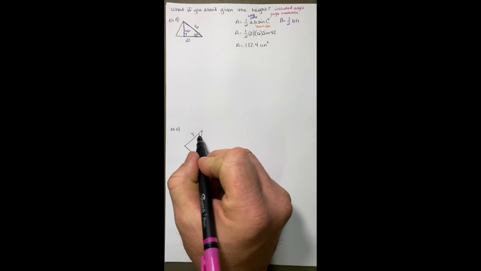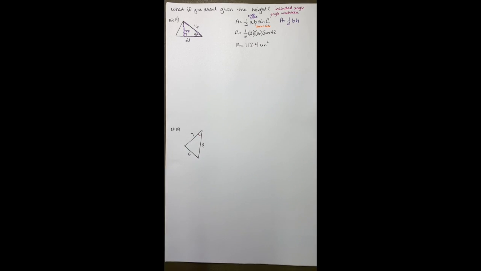However, you are aware that I did just go over law of cosines with you last week, which means that you can find any angle you want if you're given three sides. Okay, if you're given three sides. So I think I'm going to find this angle right here.